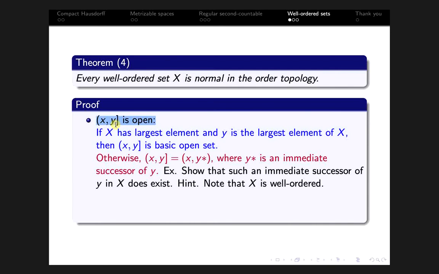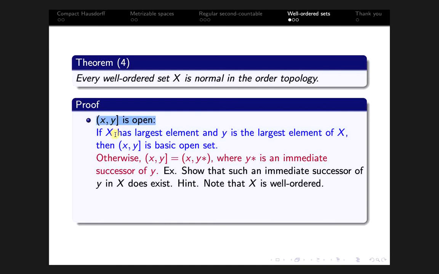Basically, if Y has no immediate successor, then one can construct a non-empty subset of X that has no least element.